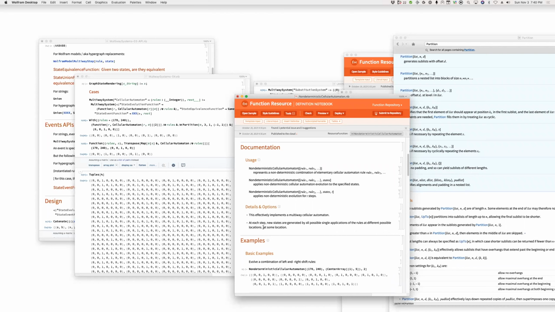So wait a minute. So there's a version of this. It's not so clear what this means. My picture of it was simply it's what you get when you evolve a cellular automaton without keeping track of history, without keeping track of the previous state.